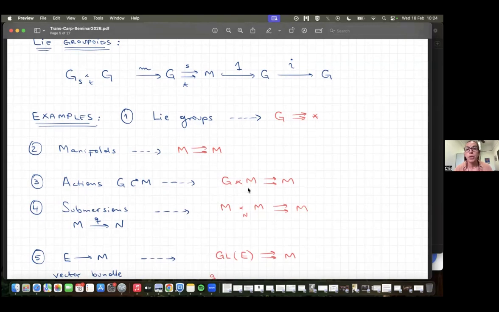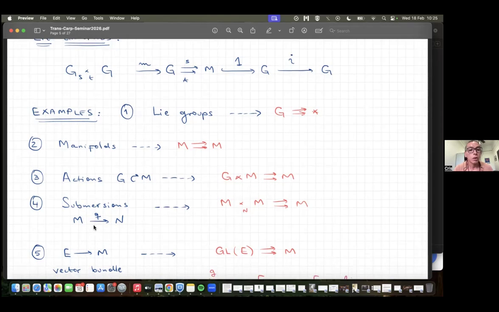And this gives you the transformation groupoid. So here the source is just the projection to M, and the target is given by the action. And of course, one can figure out how the multiplication is defined and the inverse, and so on.